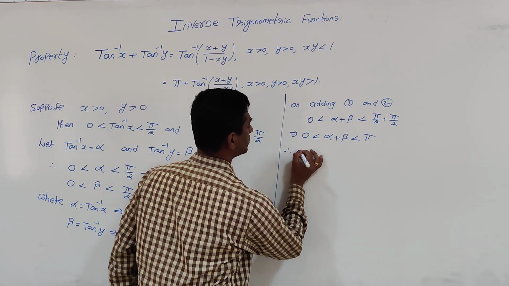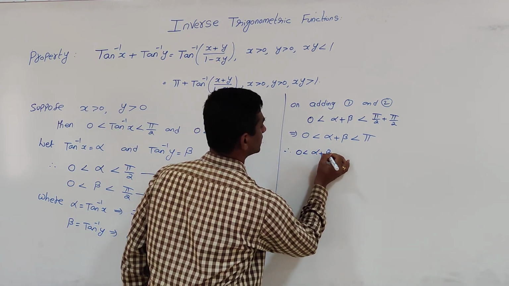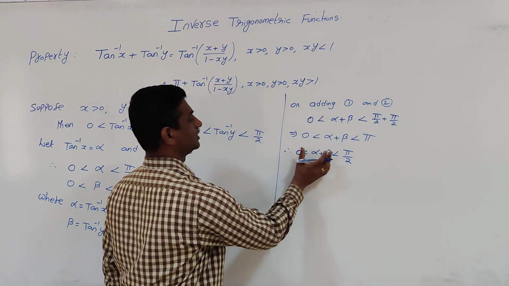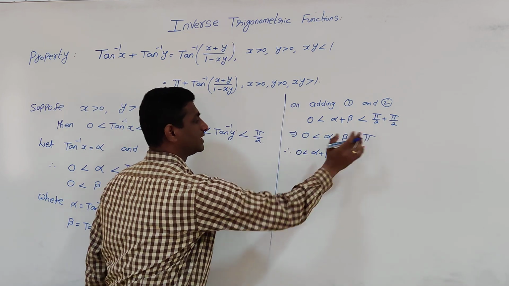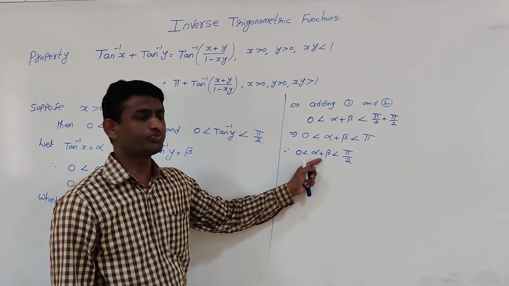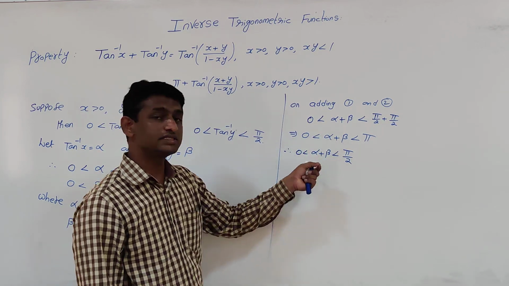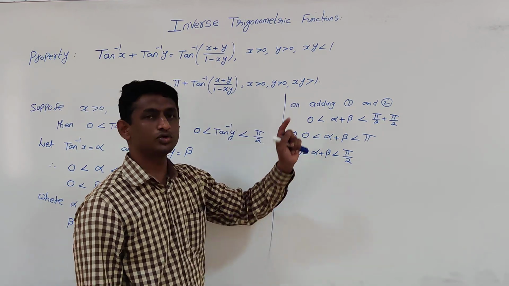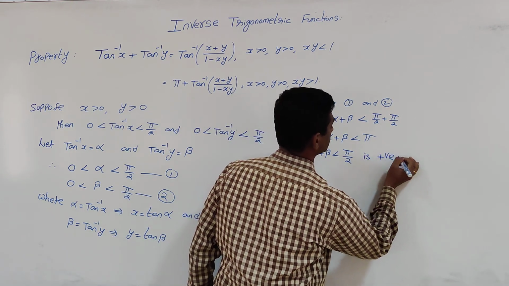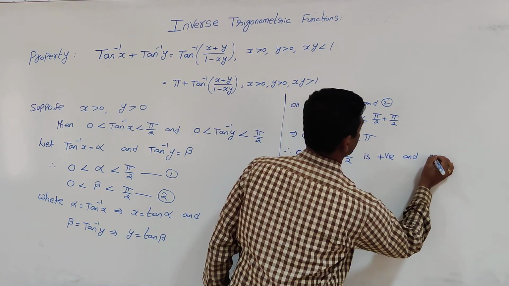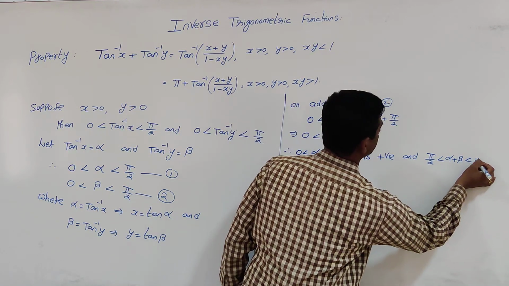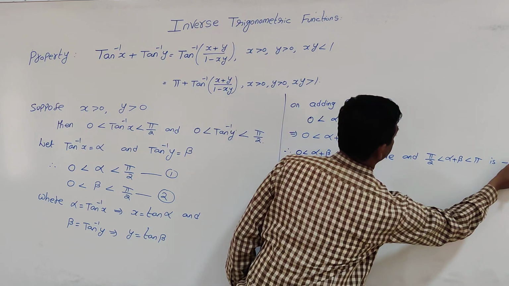Therefore, among 0 to pi, from 0 to 180 degrees, for 0 to 90 it will be positive, and it is negative for pi by 2 less than alpha plus beta less than pi.